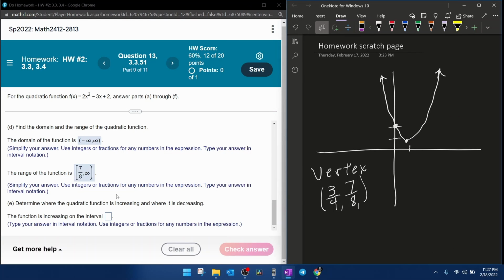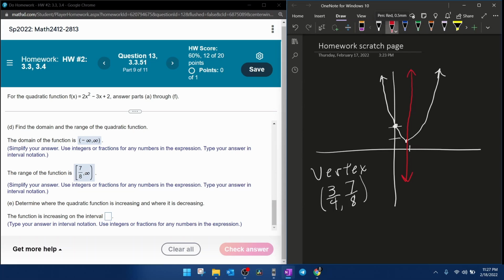Next, part E, determine where the quadratic function is increasing and where it is decreasing. First, the interval of increasing. I have redrawn my graph over here to illustrate how to find these intervals. The first thing we need to do is draw in the axis of symmetry.